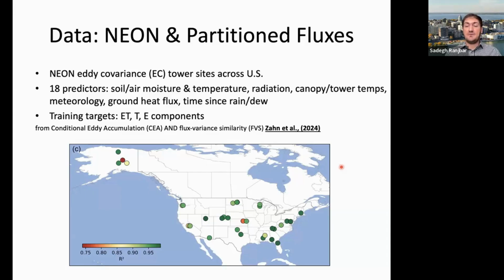The Zhang study actually used 5 methods to partition ET into T and E, and they concluded that the CEA, or conditional eddy accumulation, or FVS, the flux variance similarity approach, were the most accurate and the most reliable. So we started to use the CEA approach, and then we also have the results with the FVS in the supplementary material of our study to support our findings.